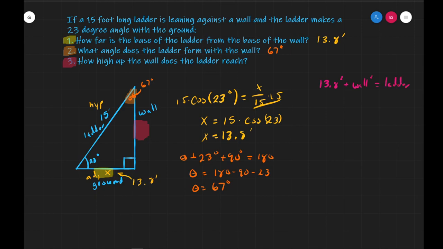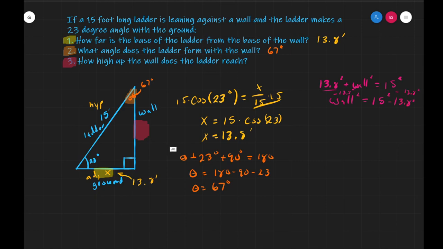We know how long our ladder is, which is 15, so 15 squared. So wall squared should be the same thing as 15 squared minus 13.8 squared. I'm just going to subtract 13.8 squared from both sides.